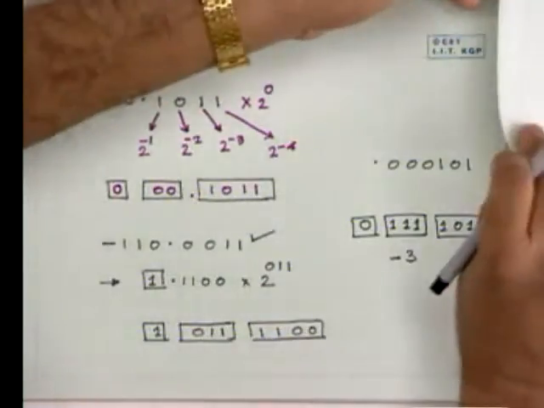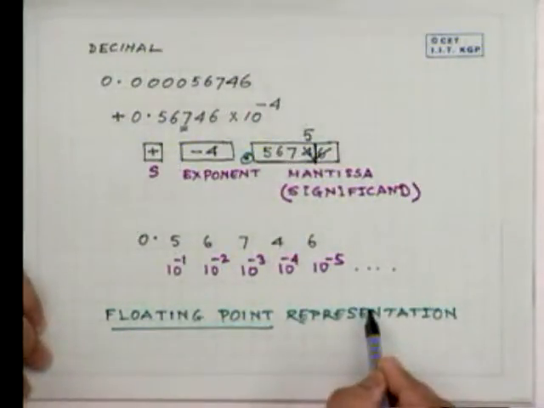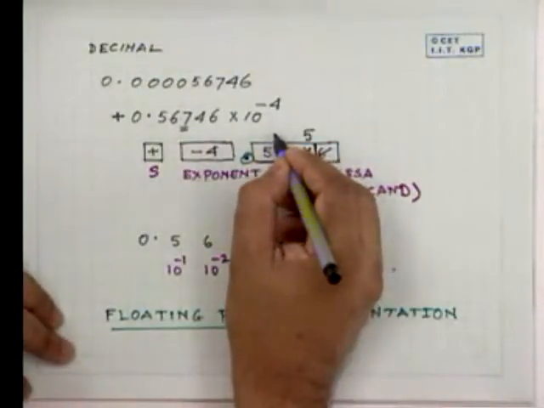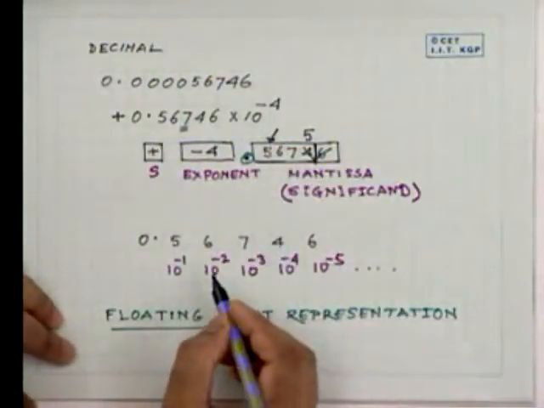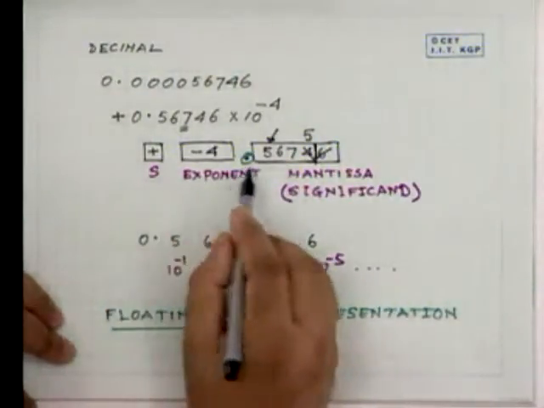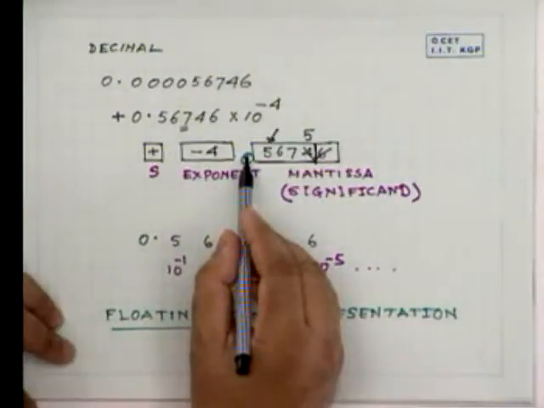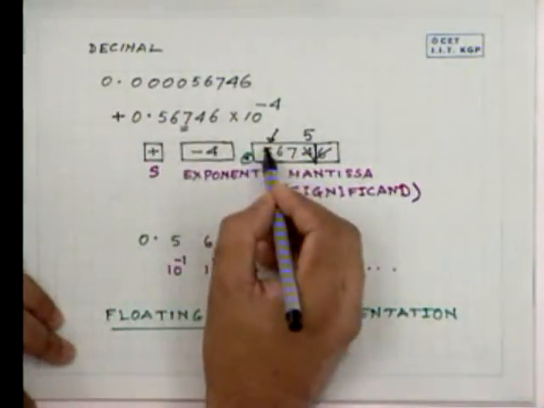Essentially, when you are representing a decimal as a floating point representation, what we are trying to do is that the most significant digit has to be a non-zero. That means we are sliding the decimal point to a position where the most significant digit is a non-zero one.